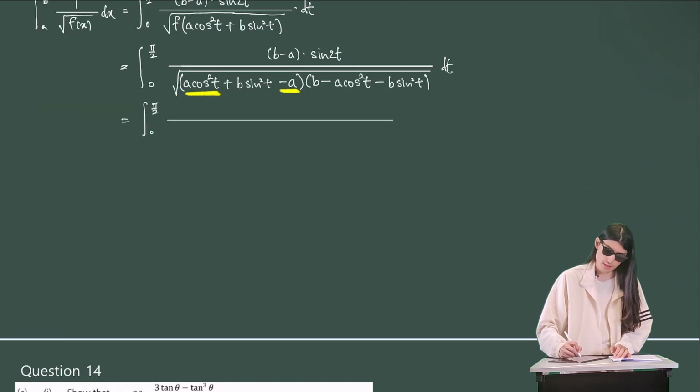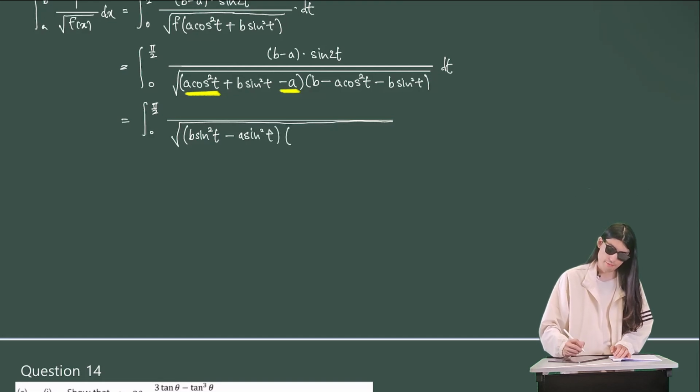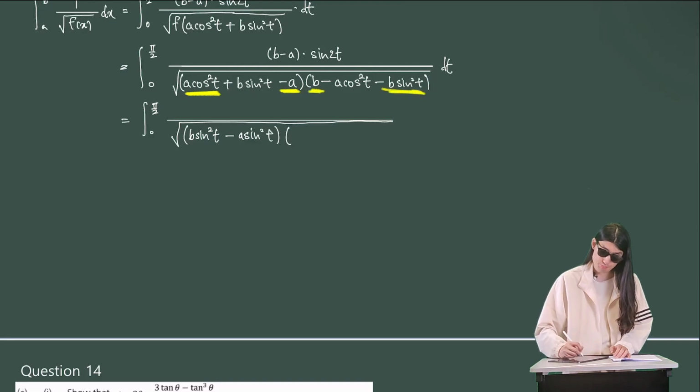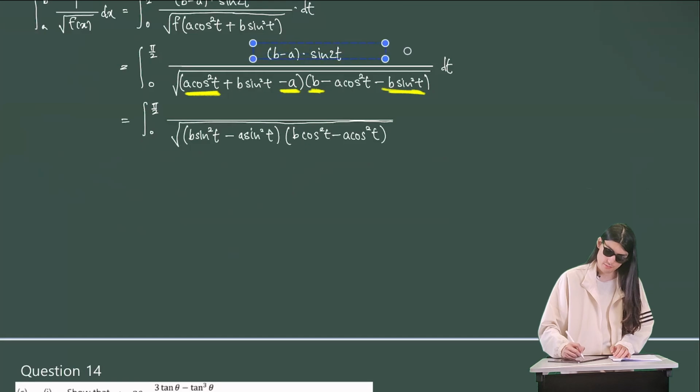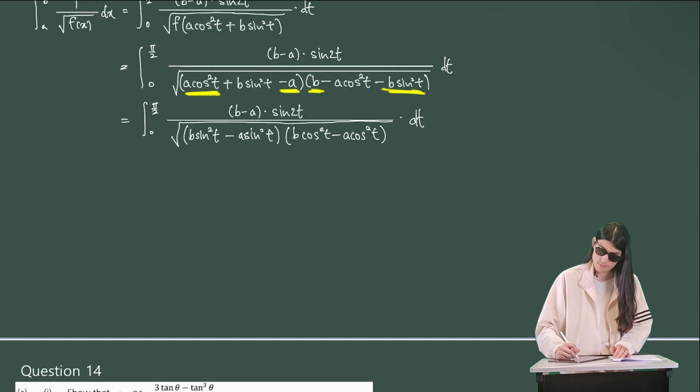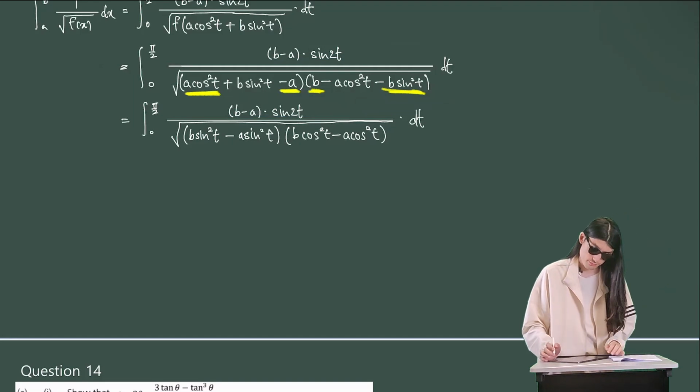You can clean up the denominator as b sine squared t minus a sine squared t. Similarly, by factorizing b in b minus b sine squared, we have b cos squared t minus a cos squared t. Same numerator, dt. Okay?